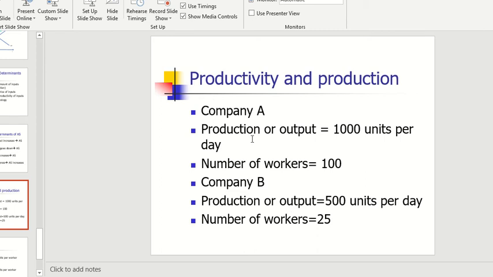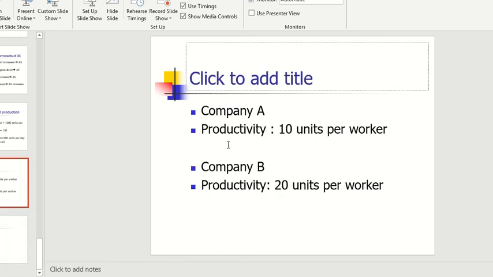But then when we look closely, Company A hires 100 workers to produce these units. Company B hires 25 workers. So when you calculate the productivity, in Company A, each worker can produce 10 units.